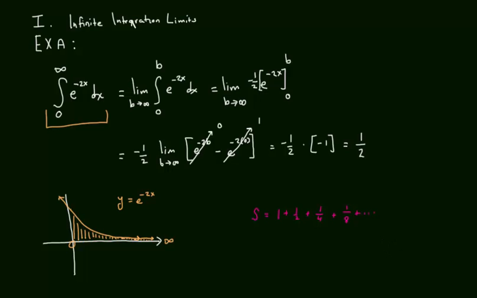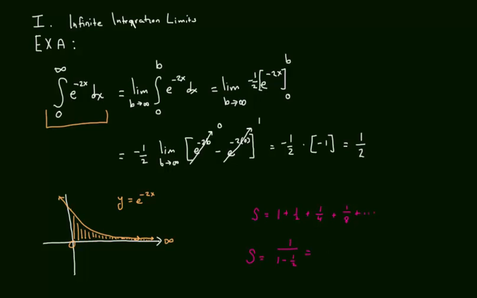A similar argument is made in infinite geometric series, where you say 1 plus 1/2 plus 1/4 plus etc. Now you should know from an earlier course that this sum is going to equal the first term 1 over 1 minus the common ratio, which is 1/2.